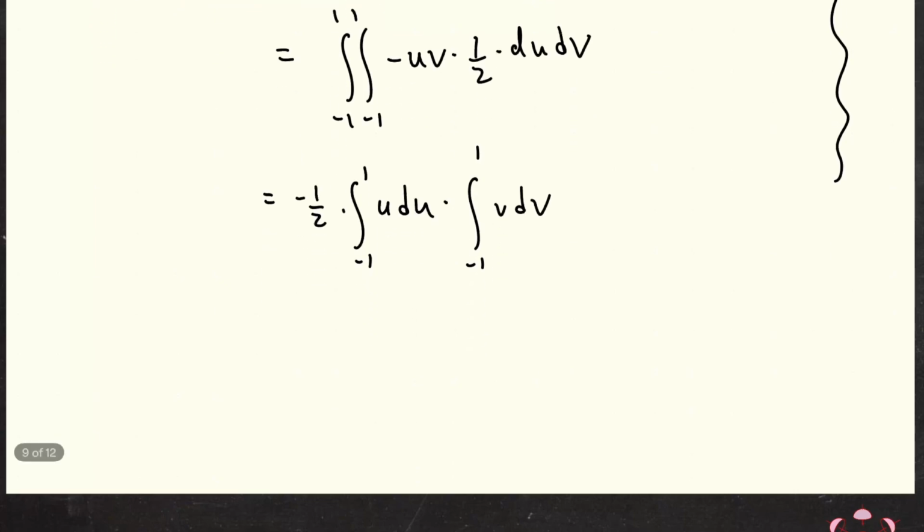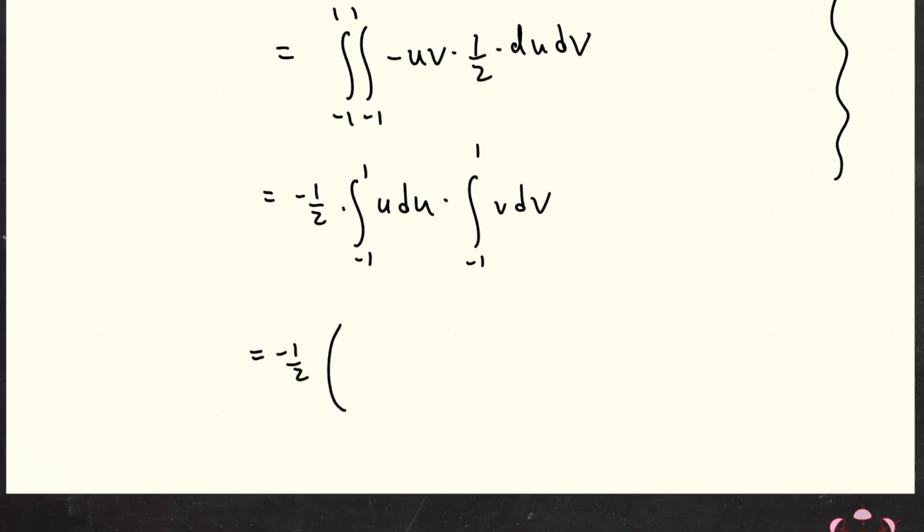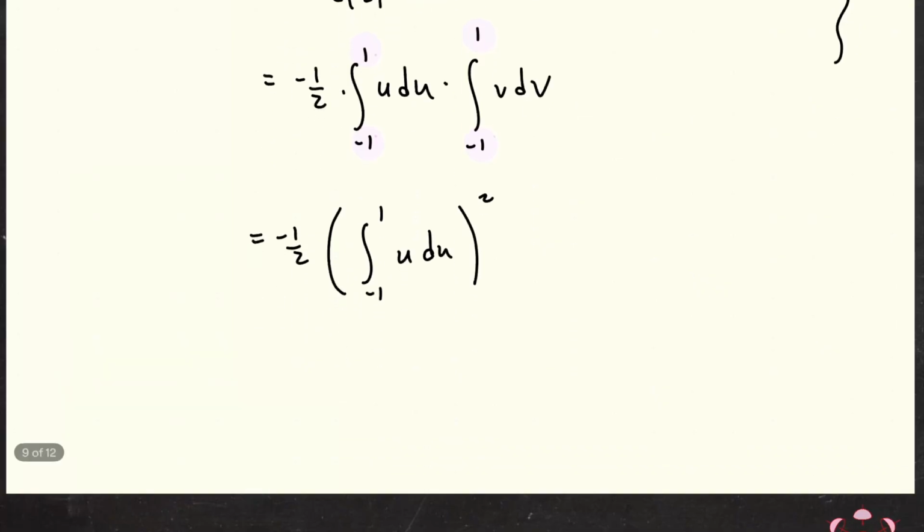Looking at this, u and v are just dummy variables. These are definite integrals where eventually I'm just plugging in numbers, so whatever we get, these are just going to be numbers. Because it's the same form of integral, I just need to keep one of them. They're going to be the same answer, but of course I'll square it.